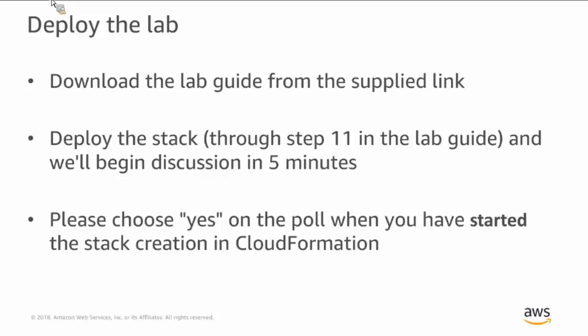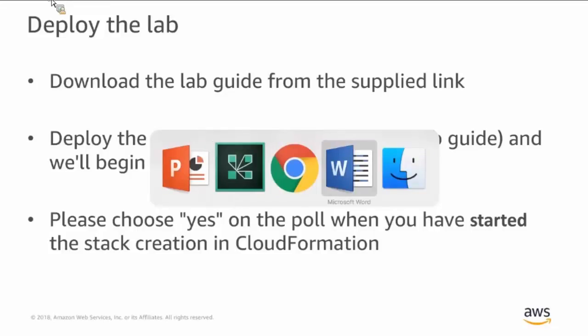Click on that and you will have a download that will open. Hopefully the lab guide is there for you. We'll work through step number 11 in this portion of the lab guide. And then we're going to put up a poll. I'd ask you please to say yes when your CloudFormation stack has completed deploying. So I'm going to turn to that right now.